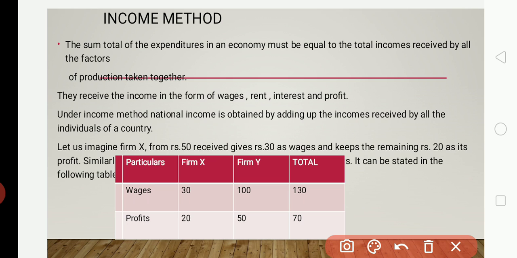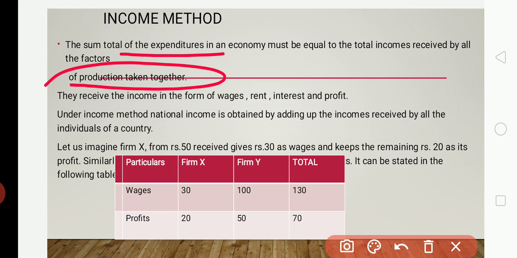So under this income method, national income is obtained by adding up the income received by all the individuals of a country. Whatever production takes place in the country, that total expenditure will be equal to the total income received by all the factors.